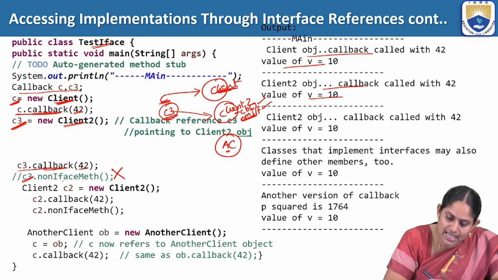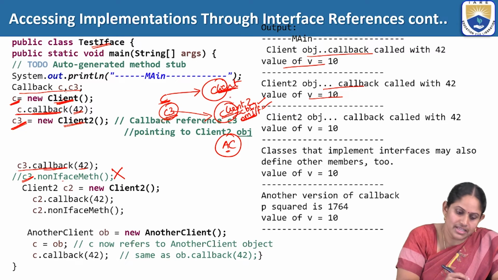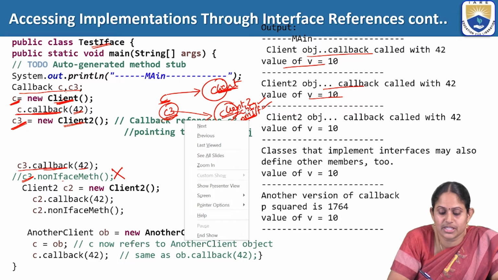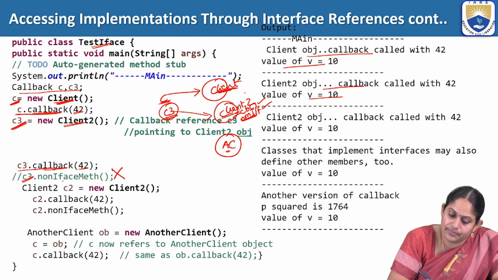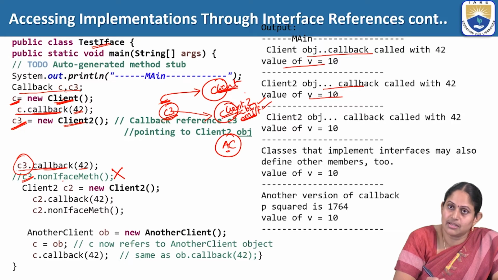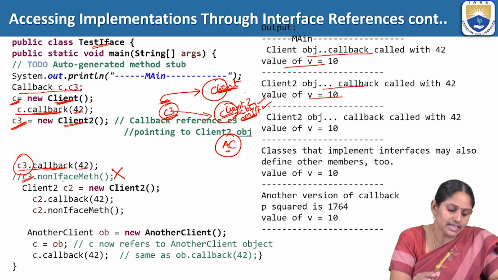Because here the client 2 class has implemented that interface callback, this client 2 class will have the callback method as well as a non-interface method. The object of client 2 can access the callback method as well as the non-interface method. But if we use the interface reference variable to call the member methods of that particular class, that operation is invalid in Java.